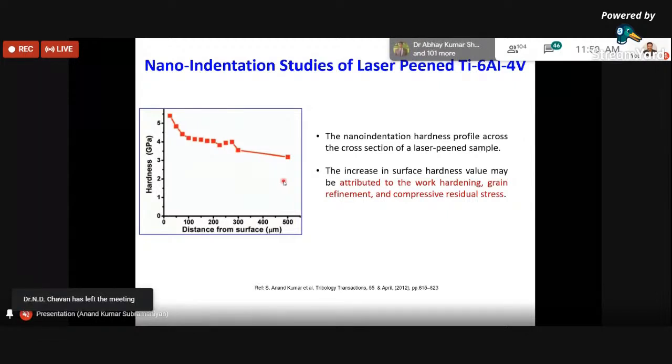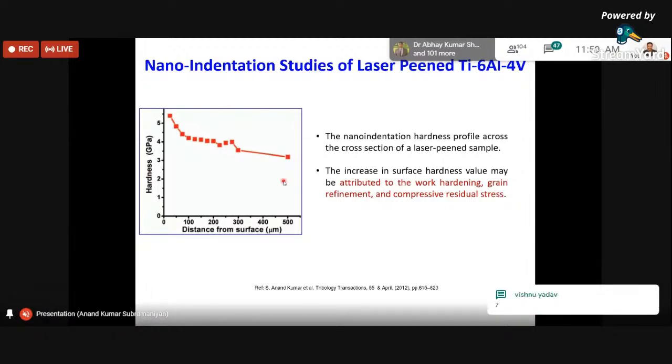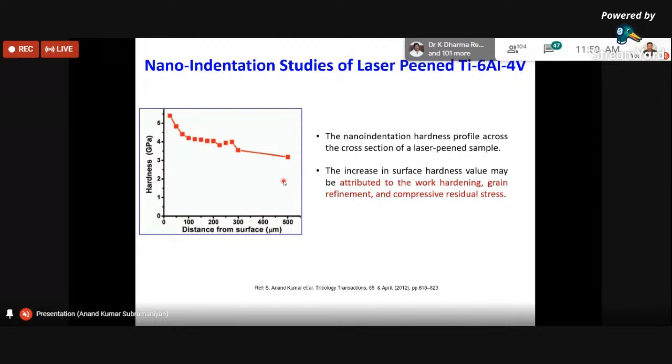Okay. So it is well known that we are damaging the surface while inducing this severe plastic deformation and developing this nanocrystallite layer, as well as development of compressive residual stress.